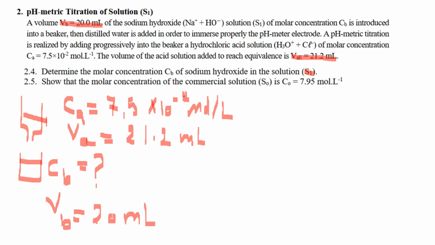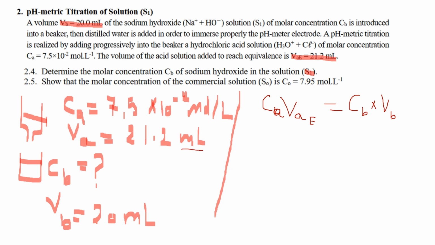Great. So now let's talk about the titration process. We can write that CA, the concentration of acid, multiplied by the volume of acid added at equivalence, VA, is equal to the concentration of base, CB, multiplied by the volume of base, VB.